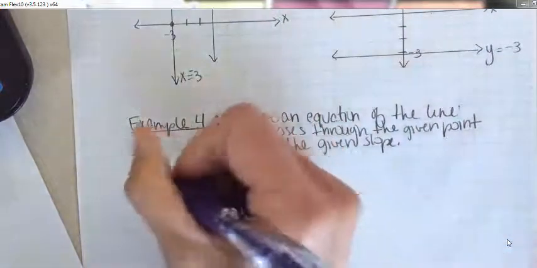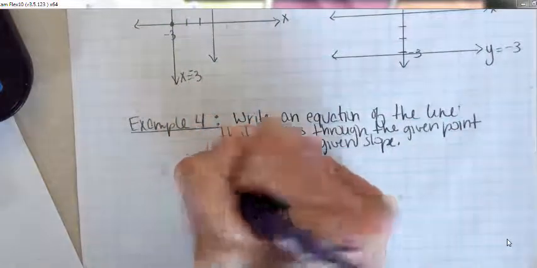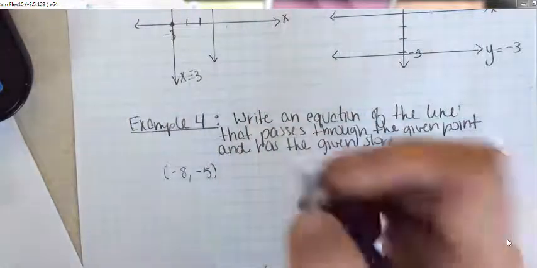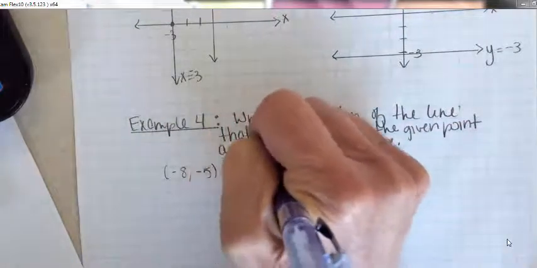All right, so the point it passes through is -8, -5, and the slope that we're given is -1/4.